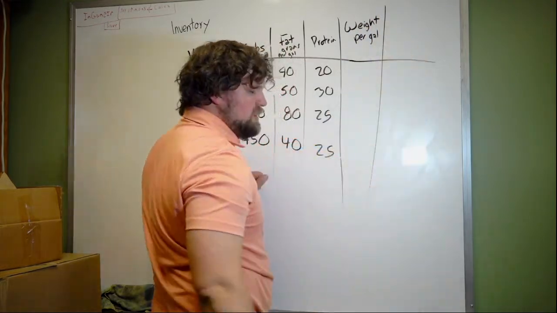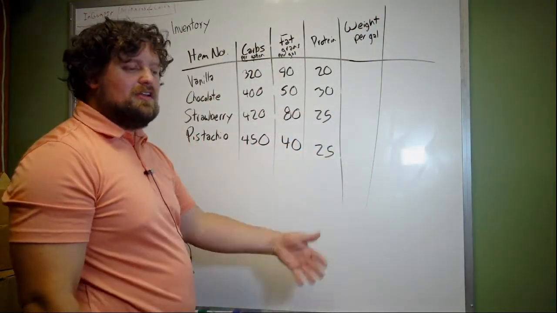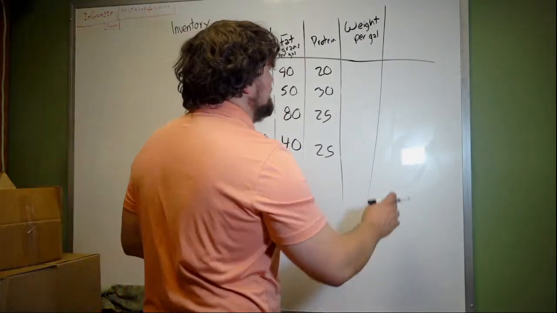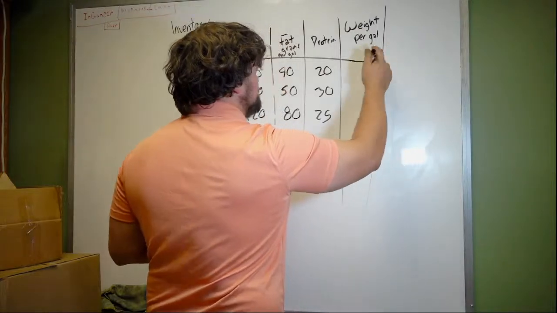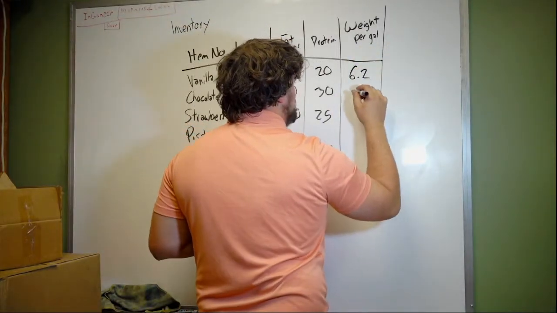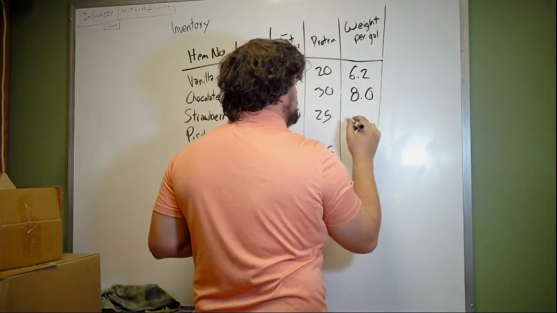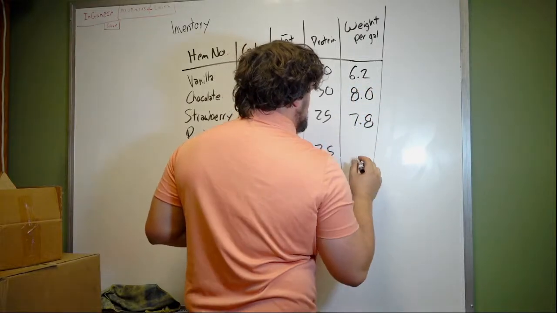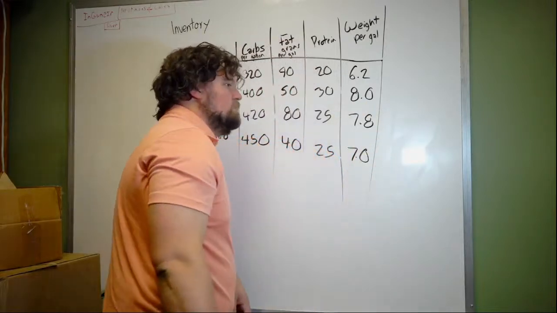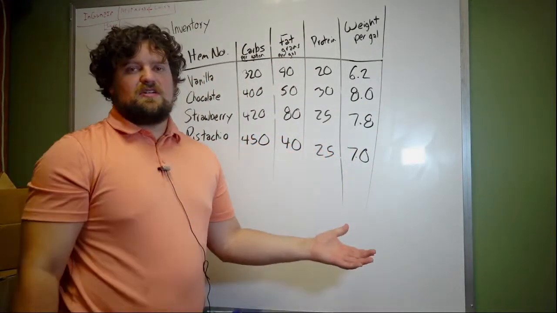Okay, and so we can keep going on all of these. All right. 6.2, 8.0, 7.8, 7.0. All right, so these are our numbers.